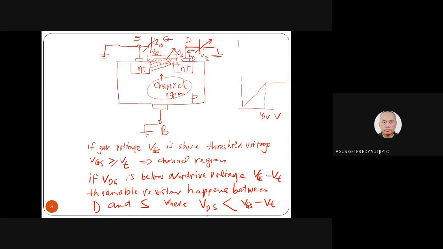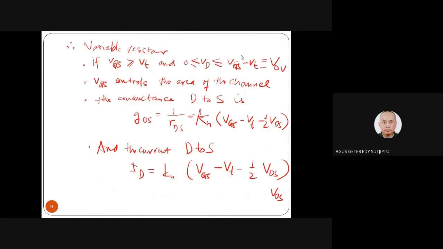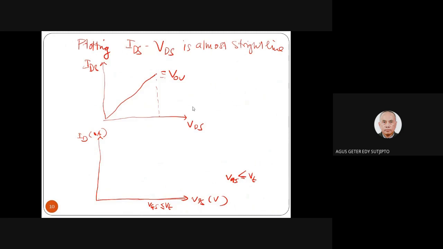So if VGS is less than or equal to the threshold voltage, then ID equals 0.